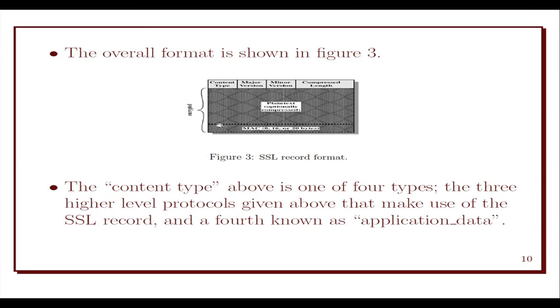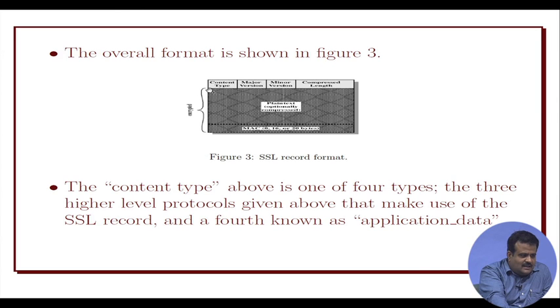Then this MAC we append to the message, and after adding the MAC we encrypt this using symmetric key encryption. Then we prepend the header, and the header has basically 4 fields as we discussed: content type, major version, minor version, and the compressed length.